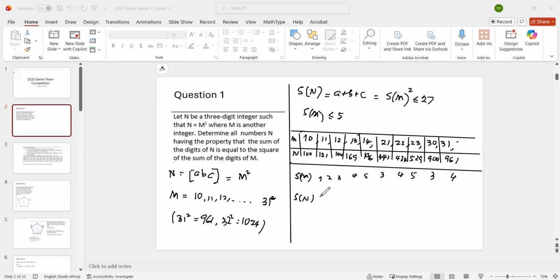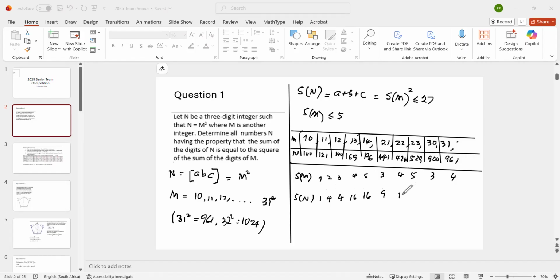The next one, 1 plus 0 is 1, 1 plus 2 plus 1 is 4. 144 is 9. 169 is 16. 196 is also 16. 441 is 9. And what is 484?